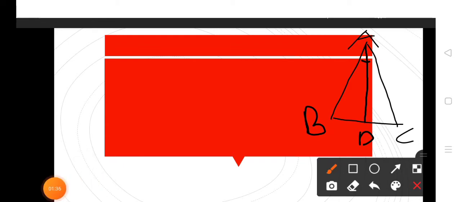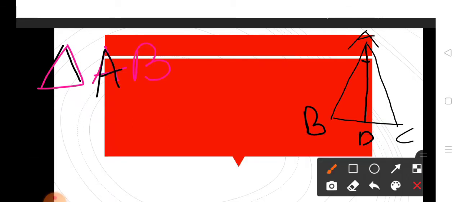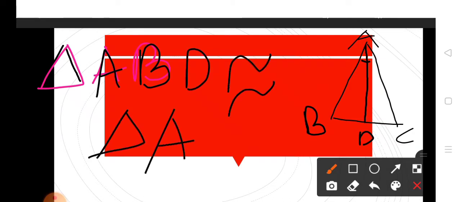Now after drawing the perpendicular, you see here, triangle ABD is similar, congruent, to triangle ACD.